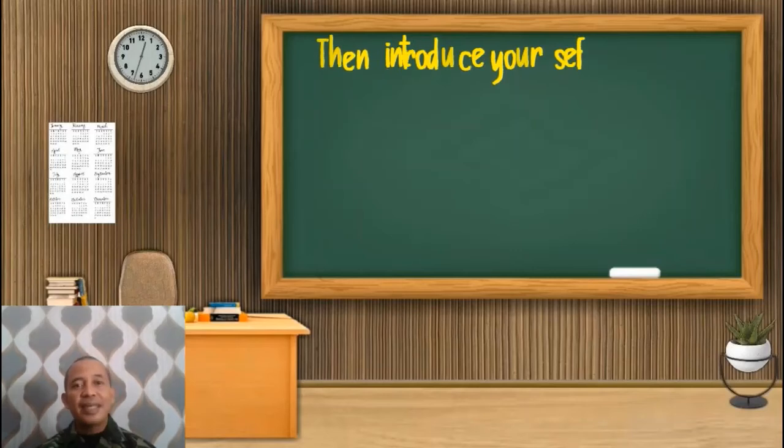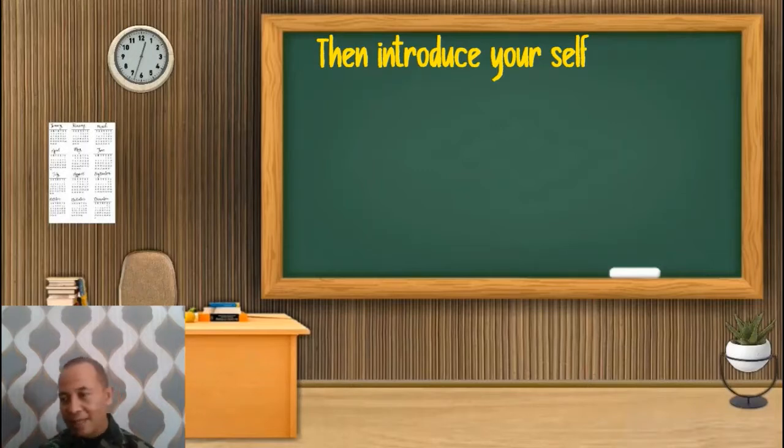And then after greeting, usually it is sometimes important also to let the audience know about who you are. So we usually introduce ourselves. But remember, in presentations, don't make a very long introduction. Just give a brief introduction about yourself.